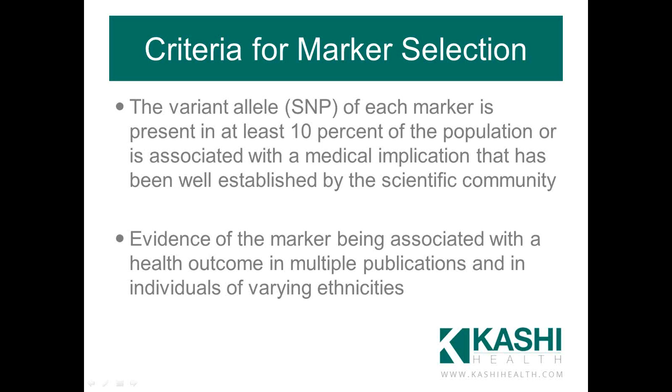All of the markers in the Kashi Health Weight Management Panel have reached at least a 10%, many of them well above 10% prevalence in the population. And finally, the evidence of the marker must be associated with a health outcome in multiple publications and in individuals of varying ethnicities.